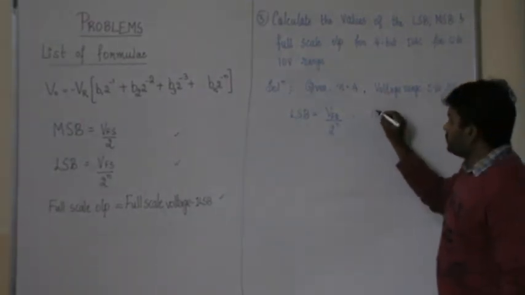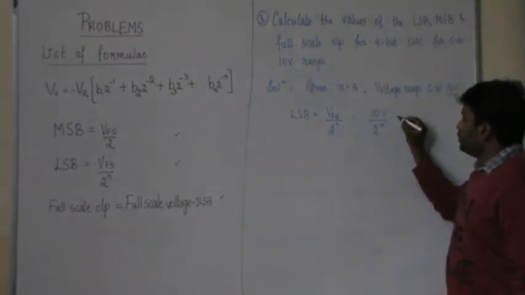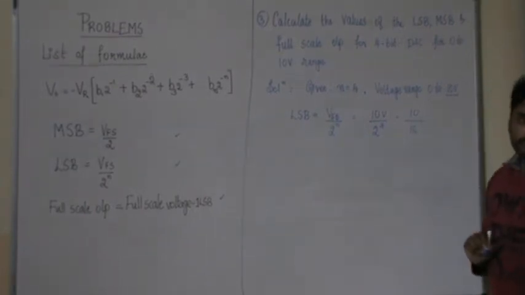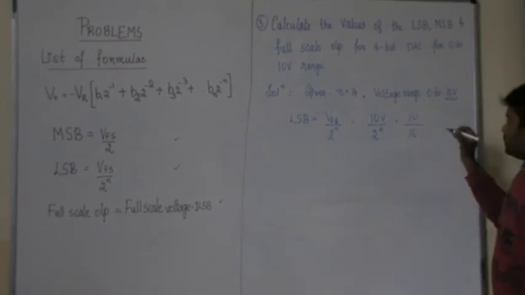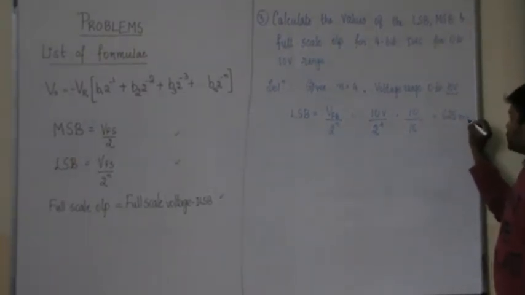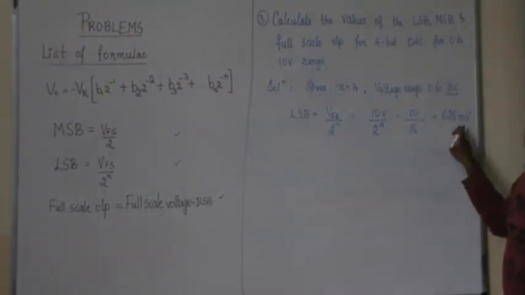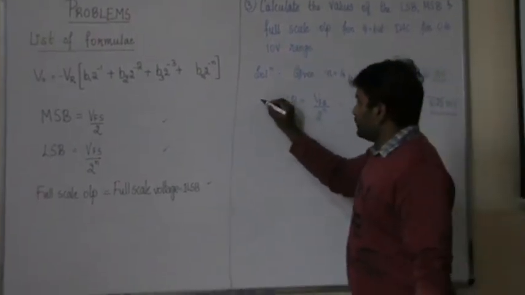So 10 volts divided by 2 to the power of 4. 10 divided by 16, right? So 10 by 16, calculate the value, it is 625 millivolts. If you are using the calculator, you will get this answer. This is the LSB value. So the first part is done.